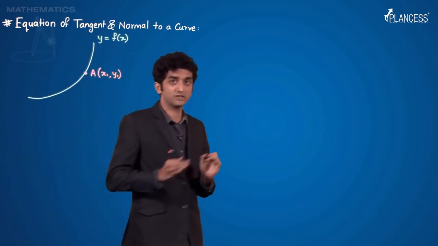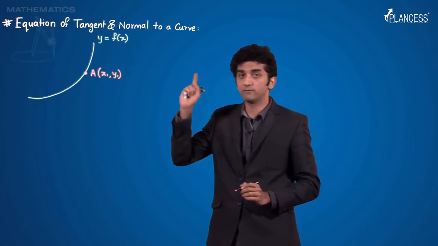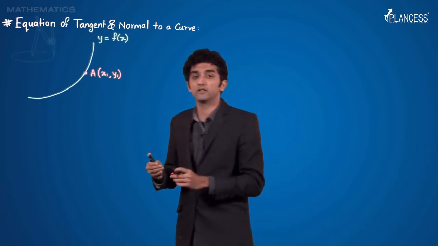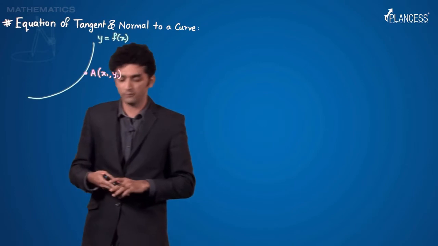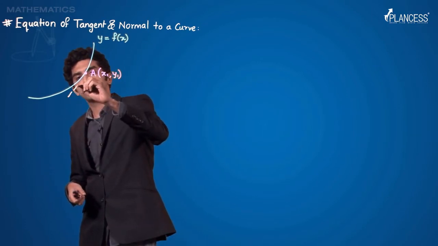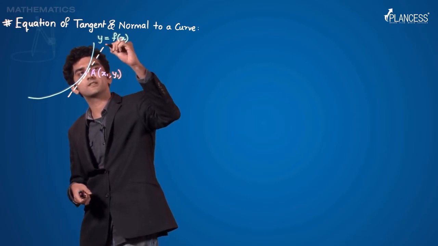So now the stage is set. What we want is the equation of the tangent and the equation of the normal at this particular point, which lies on the curve y is equal to f of x. So basically, to put things in perspective, what we want is the equation of this straight line.